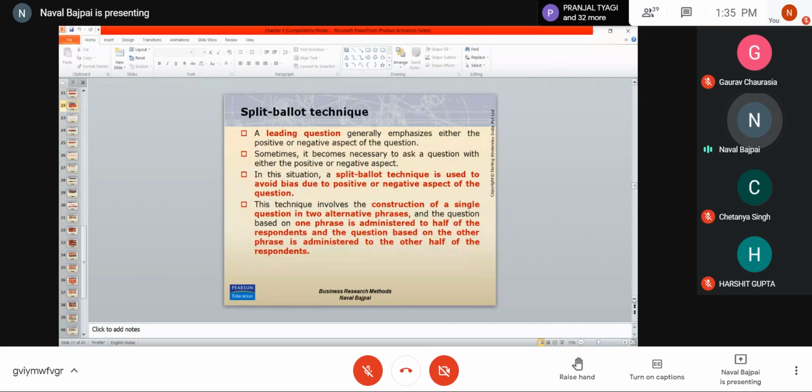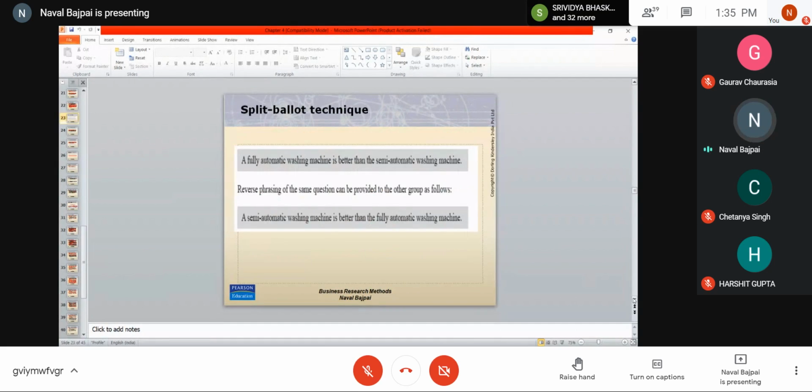Now, in order to handle the leading and loaded question, we apply the split-barreled technique. What is the split-barreled technique? If I'm supposed to ask a question, I'll ask it first like this: a fully automatic washing machine is better than the semi-automatic washing machine. Fully automatic washing machine is better is the first part. Respondents have a tendency of picking up either the first part or the last part.